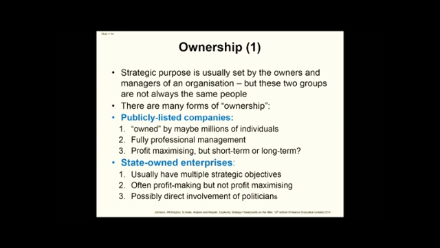But the individual owners have zero involvement in the management. It's fully professional management. And publicly listed companies are clearly interested in maximising their profits. It's not the only thing they're interested in, but it's a very important part of what they do.